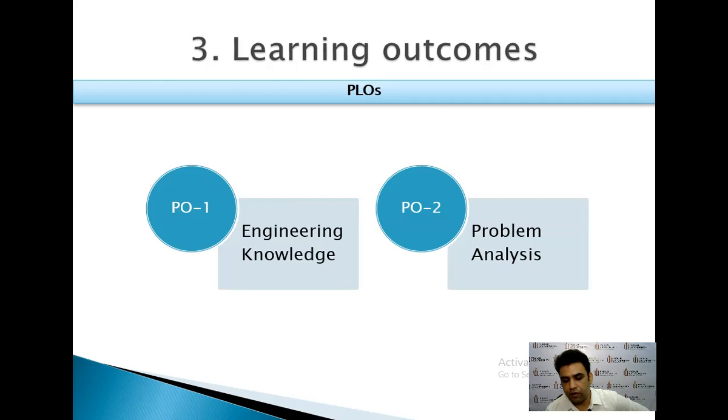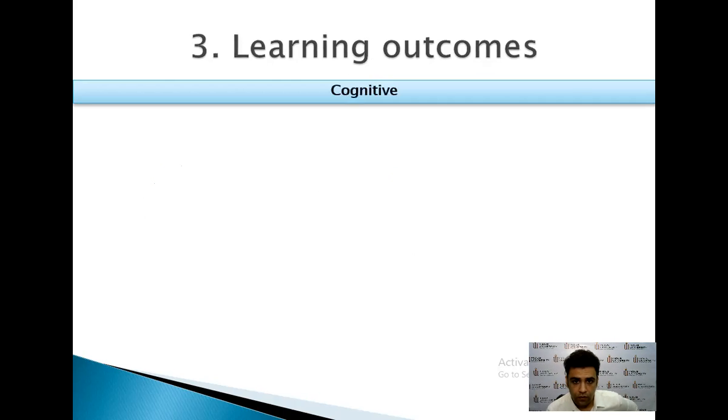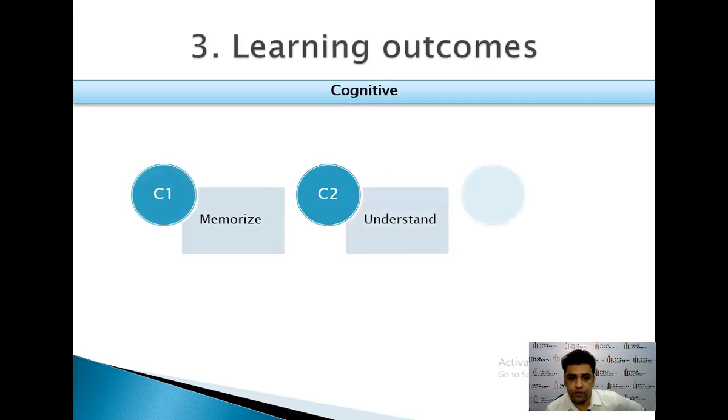After that, we will also solve some problems related to different types of generation, load and power delivered, and do some problem analysis on these things in our power generation course. In the cognitive domain, there are 3 levels, C1, C2 and C4. We are going to cover memorize, understand and analyze. These are the 3 levels we are going to cover in our power engineering course.